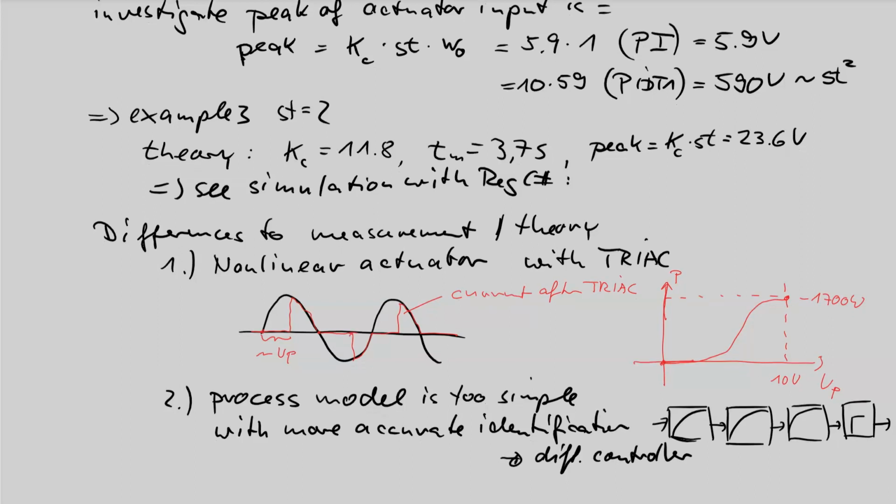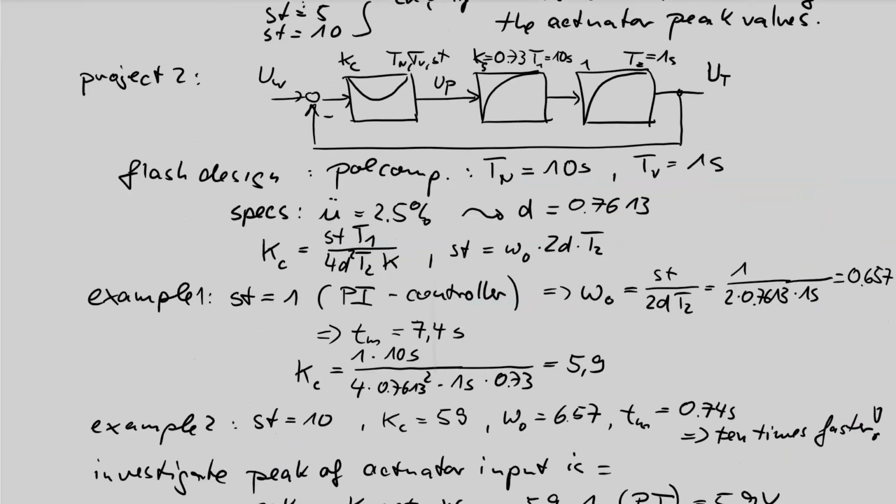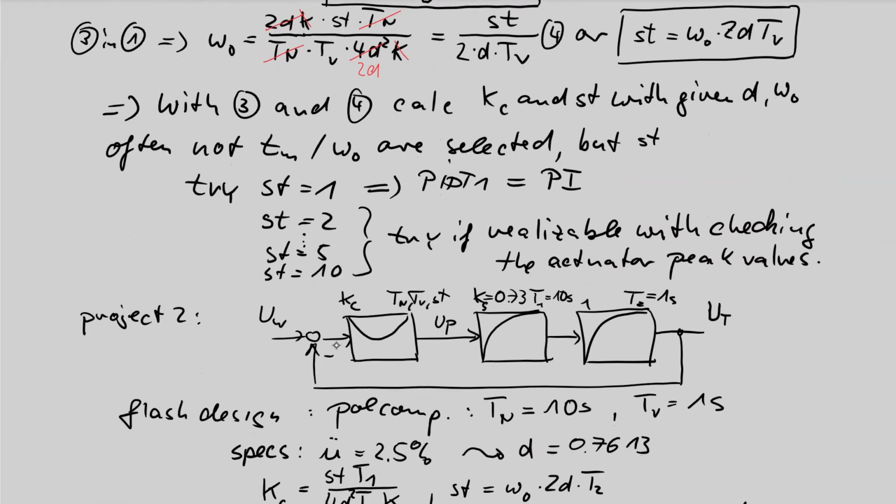But I can show you in our lab we have also the same situation, a PID controller with a 2 PT1 model, but then this is a speed control system with a DC motor and a tachometer, and then without this non-linearity, without this difference between theory model and real model, we get much better coincidence between theory and measurement.